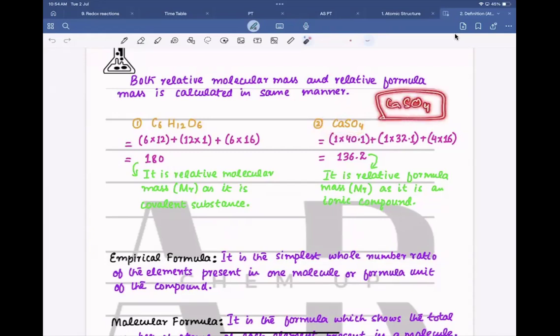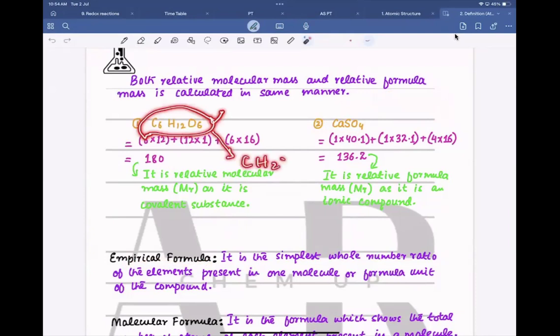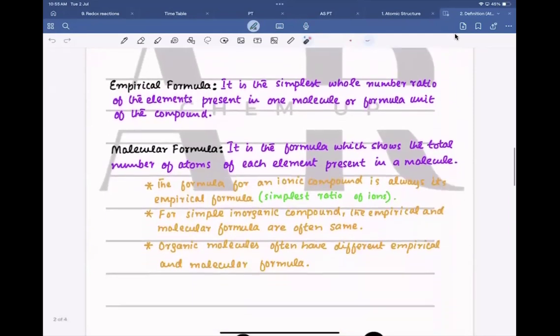No, it is in the simplest form. So it means it's the empirical formula. This one is a molecular formula, but can I simplify it further? Yes. So it means it's a molecular formula. And when I am able to simplify it, then there is an empirical formula. Is this clear? Yes, sir.